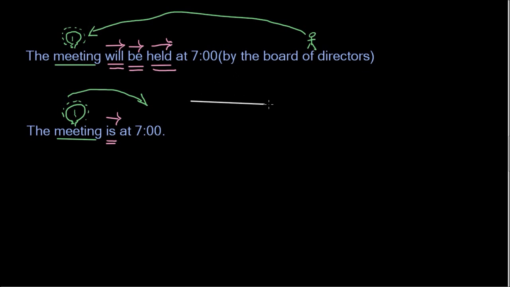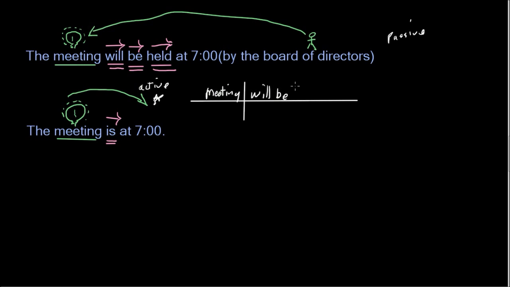I'll quickly diagram it and see if that throws any more light on passive versus active. In the first case, the meeting is the subject. 3-word verb, will be held. A be verb and a past participle. When will be held? At 7 o'clock.